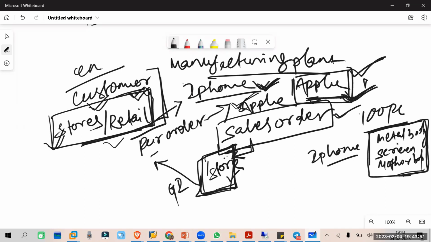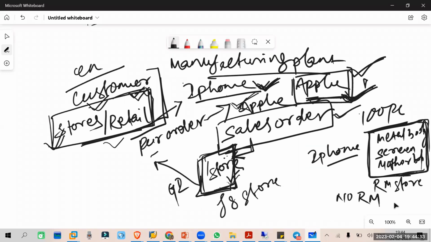So let's say this is a finished good store, the FG store, and this is a raw material store. First you have checked in the finished material store, you don't have any finished material. So now you have gone to the raw material store. Now let's say you don't have any raw material also.